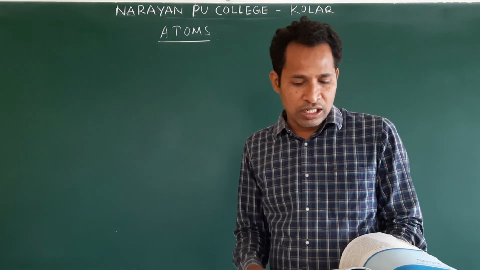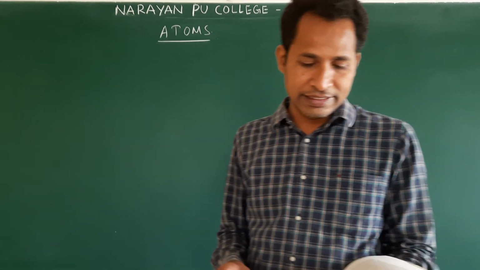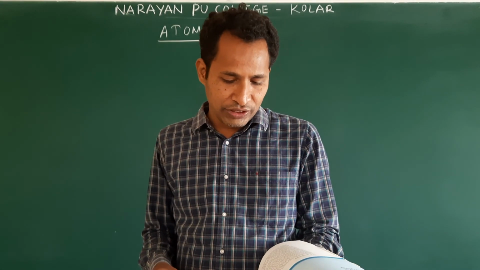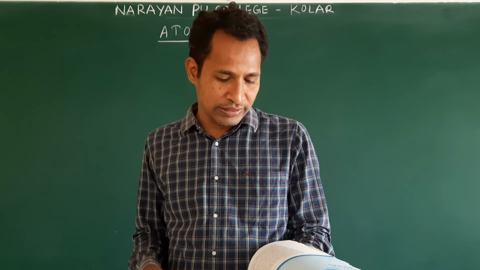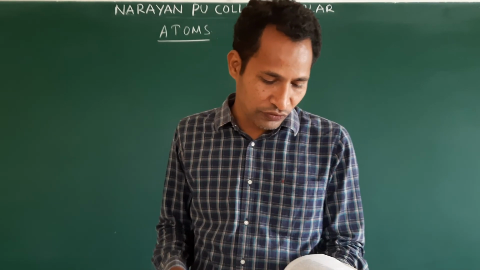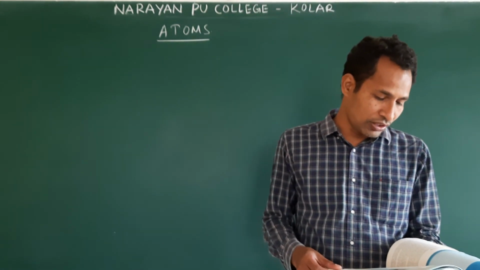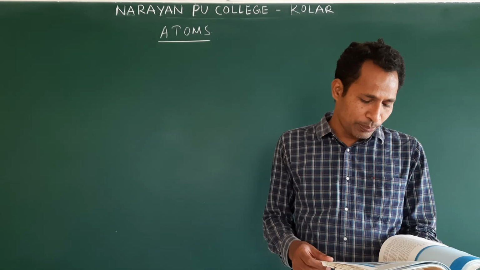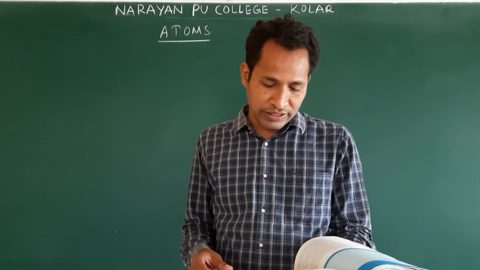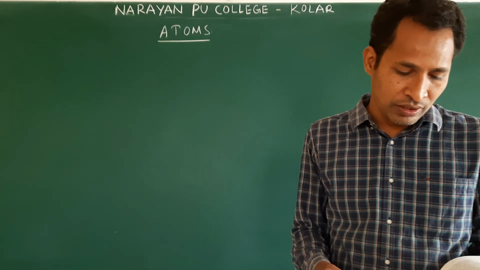After that, Rutherford, in 1871 to 1973, gave one model. He is the student of J.J. Thomson. He was engaged in an experiment on alpha particles emitted by some radioactive elements in 1906. He proposed the nuclear model of the atom.